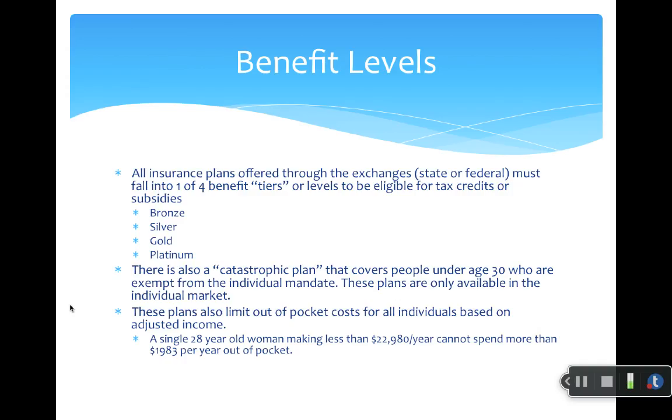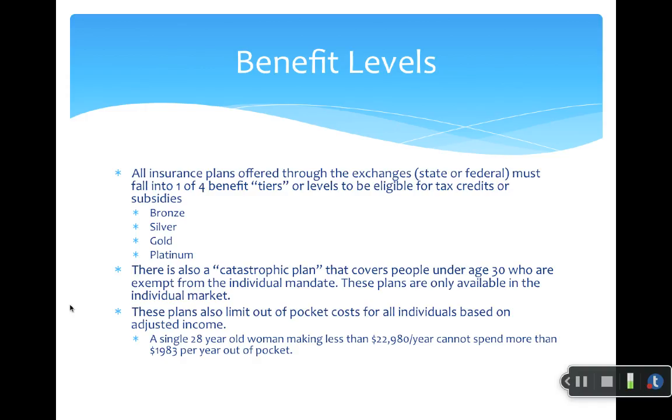So there are 4 tiers: bronze, silver, gold, and platinum. The bronze plans are the plans that are usually the cheapest in terms of monthly premium, but there's a larger percentage of cost sharing in terms of out-of-pocket costs. As you go up the scale, what you see is that the platinum plans have the highest premiums, but maybe the lowest cost sharing in terms of out-of-pocket costs, in terms of co-pays and in terms of deductibles.